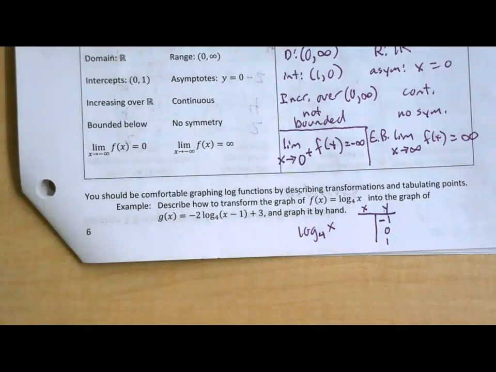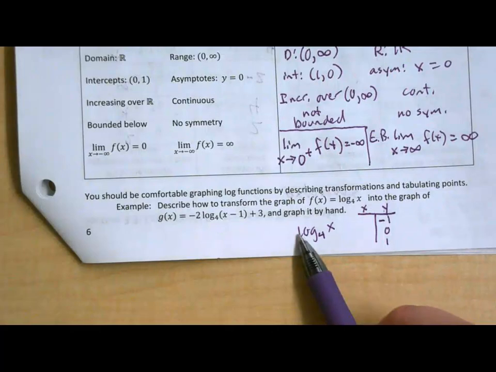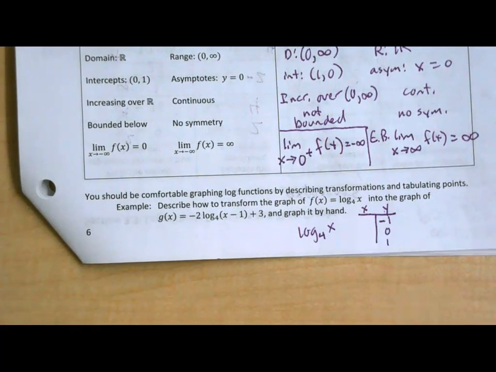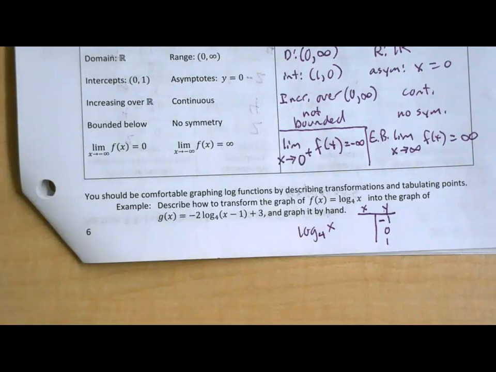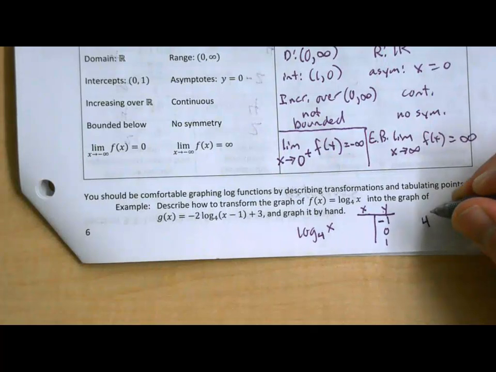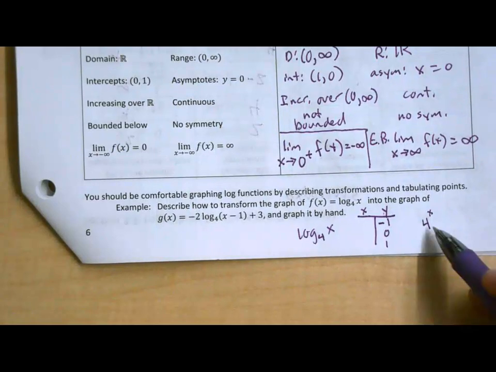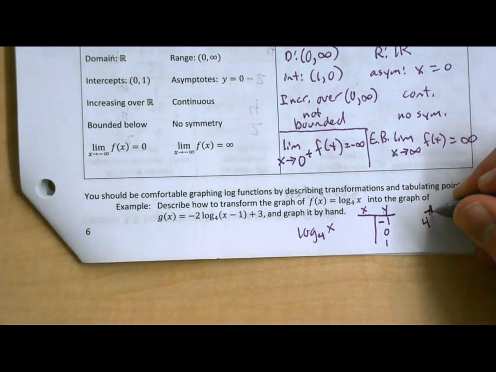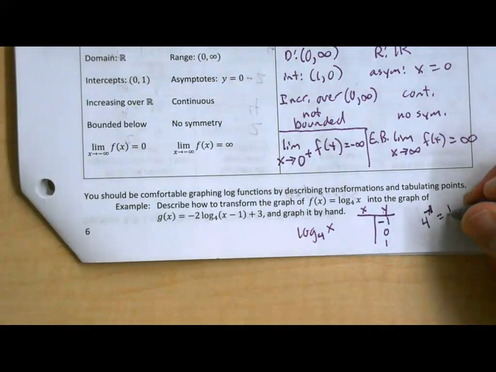All right. So the log base 4 of something is -1. It may help you to think the other way around. 4 to the x power. So if I put in 4 to the -1 power, that's 1/4.